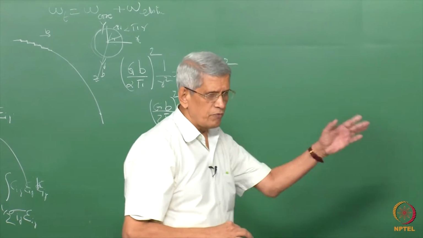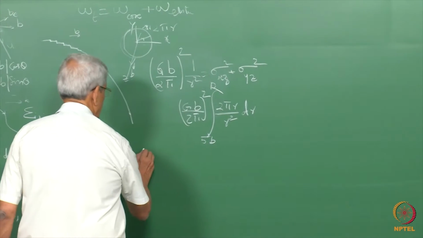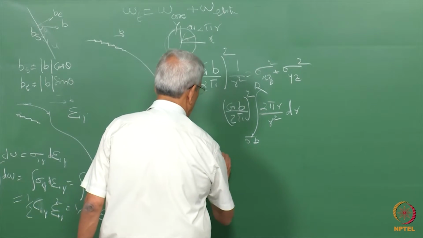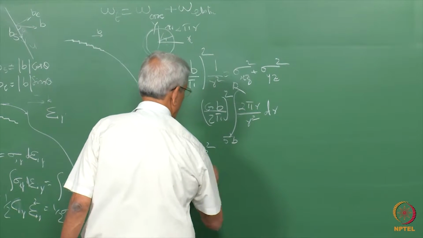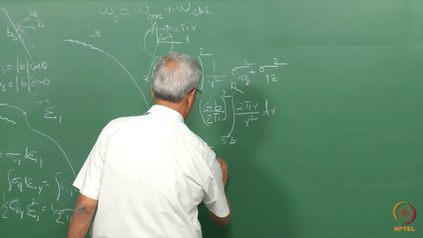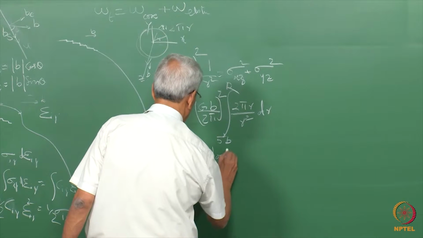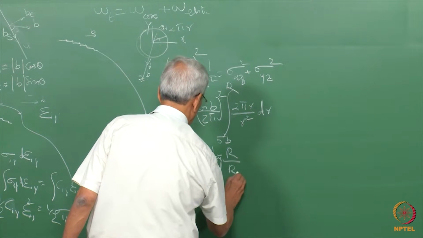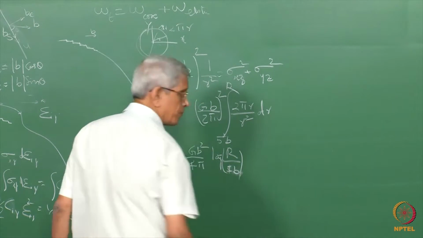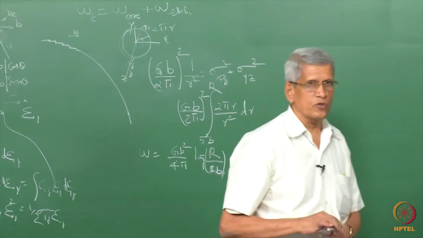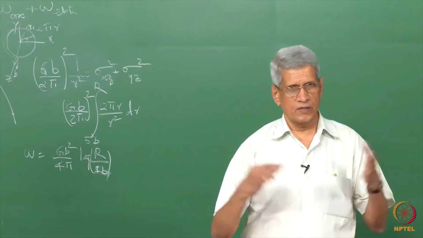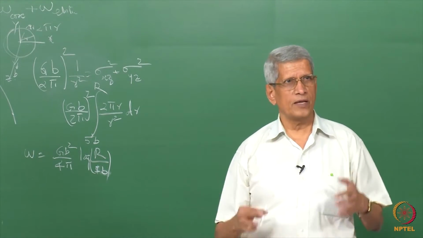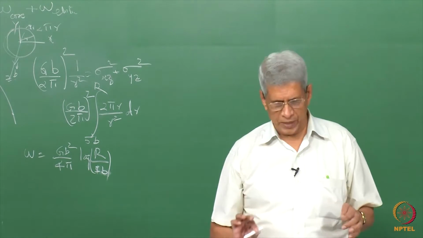When we do this, this value will turn out to be Gb squared by 4 pi into the logarithm of R by rho b. This rho b we have chosen because that is the maximum size of the core radius. Depending upon what the value is, we have to choose the appropriate value.